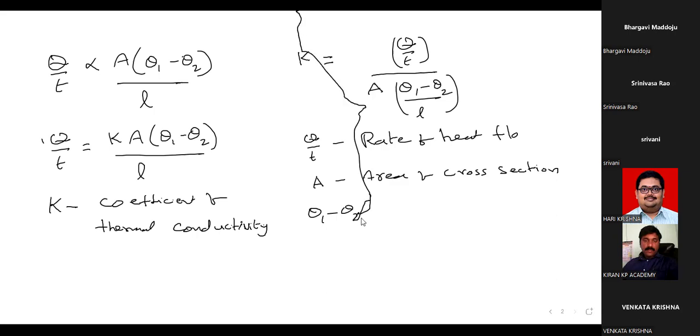If you take the ratio of temperature difference to length, it is called the temperature gradient. From this, we can define K as the rate of heat flow per unit area per unit temperature gradient, which is called the coefficient of thermal conductivity.